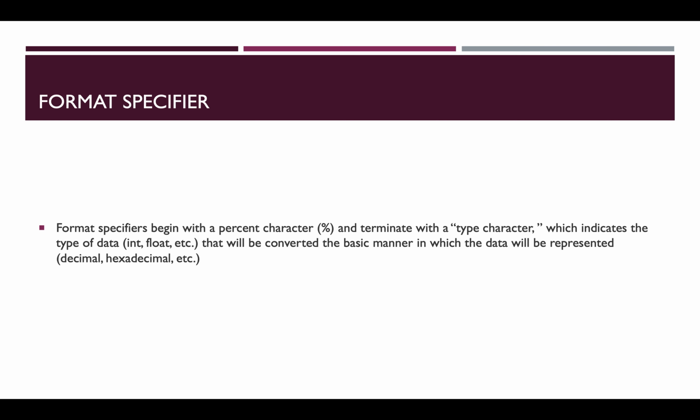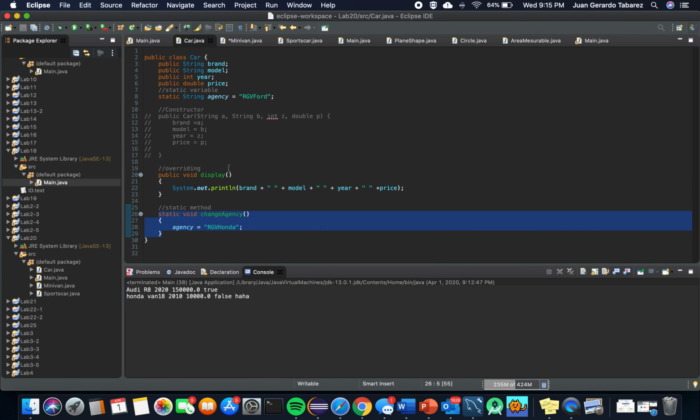So, format specifier. A format specifier begins with a percent character and terminates with a type character, which indicates the type of data, int, float, etc. That would convert it to the basic manner in which the data would be represented, decimal, hexadecimal, etc. In our class, we don't really use format specifiers much, but for my example, I'm going to show you with integers.